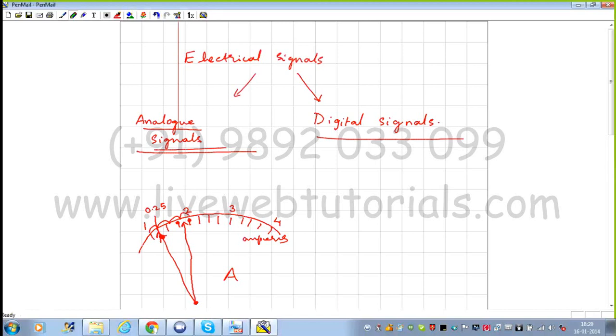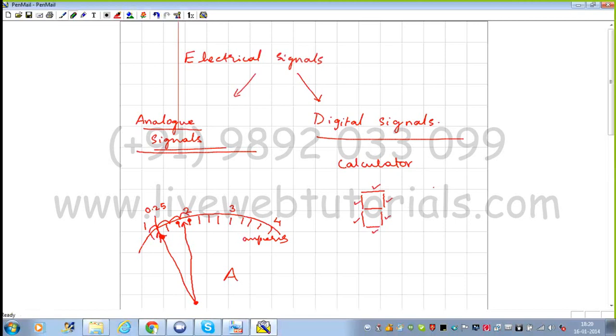I will consider another measuring device. For example, you have your ordinary calculator. A calculator is going to have this kind of output. Now all these lines that are there, whether the presence is there or the absence is there, it is going to indicate a particular number.